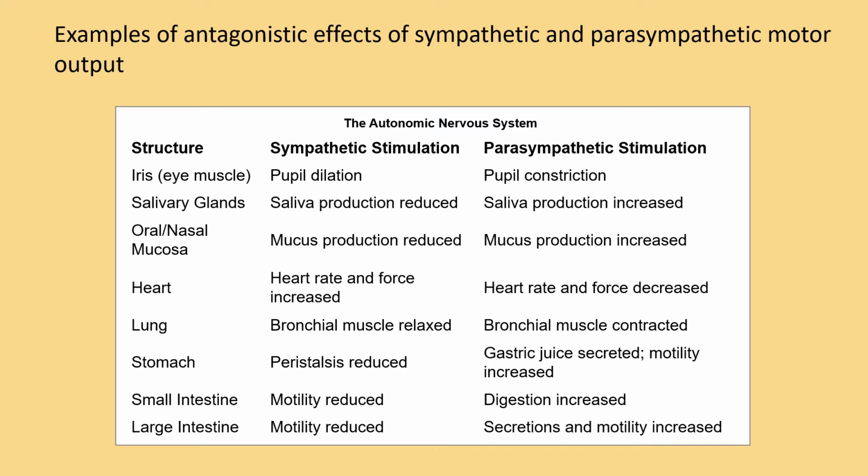Number one, for each of these effectors, the cells are smooth muscle or cardiac muscle or glands, and the effects of an increase in sympathetic stimulation are antagonistic to the effects of parasympathetic stimulation. In every case, one form of stimulation will increase the activity of the effector, and the other form of stimulation will decrease the activity of the effector.